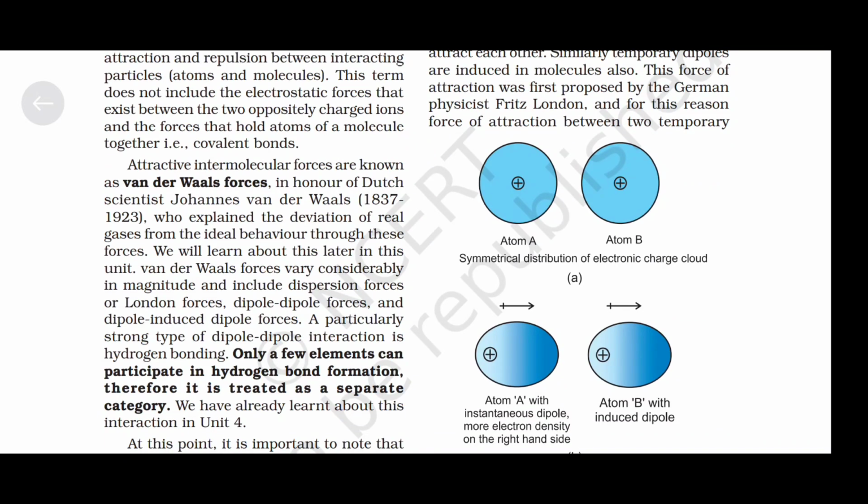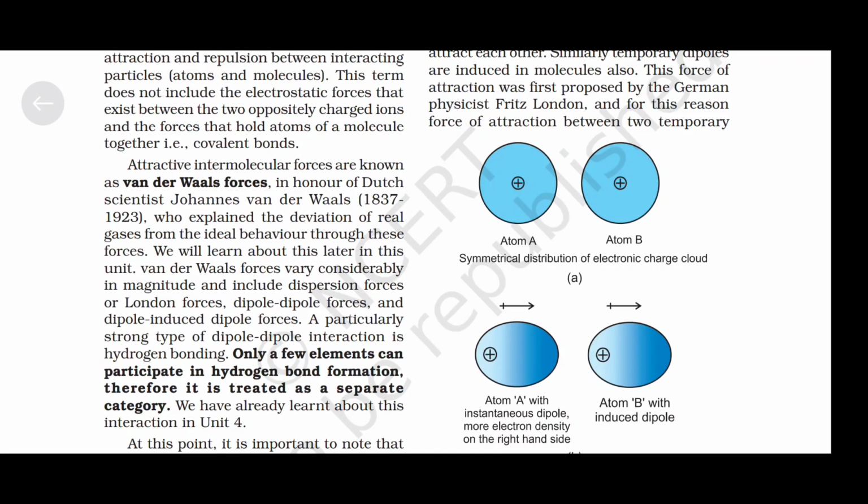Attractive intermolecular forces are known as van der Waals forces, in honor of Dutch scientist Johannes van der Waals, who explained the deviation of real gases from ideal behavior through these forces. We will learn about this later in this unit.